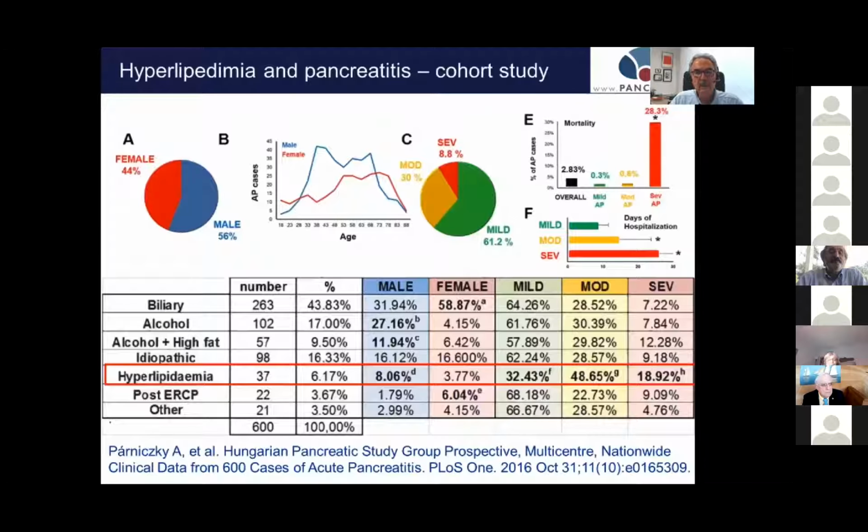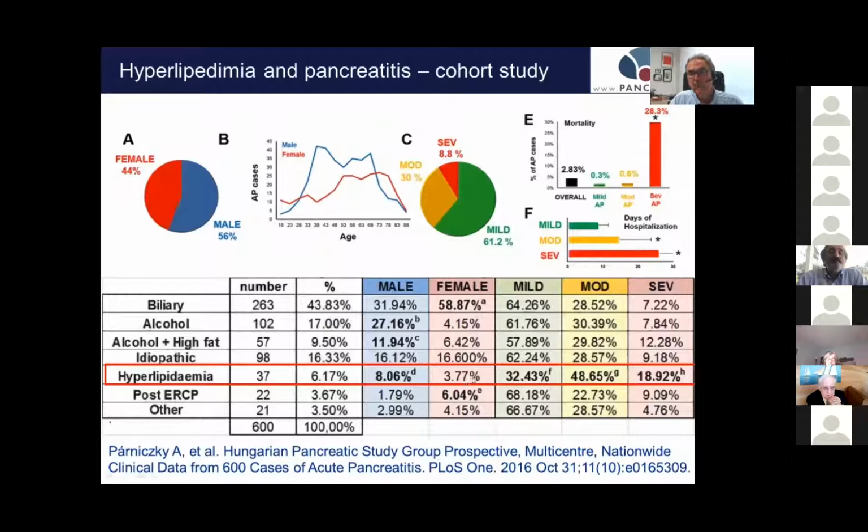This is a very elegant study from Hungary, from the Hungarian Pancreatitis Study Group, and they differentiated between different causes like biliary, alcohol and high-fat diet. What I want to point out is that in association with hyperlipidemia, that is hypertriglyceridemia, the risk is 6.1%, and even greater for males than for females.